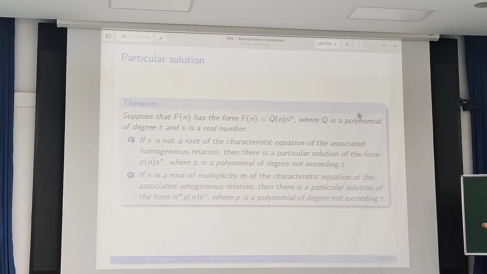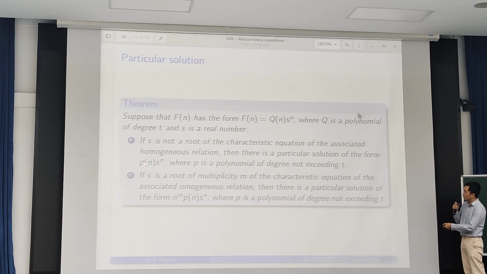So in the first case, this s here may be 1 if there is no exponential term here. If s is not a root, then we will look for a particular solution of the form polynomial in n times s to the power n. Okay, and we know that the degree of this polynomial p here is smaller than or equal to t.